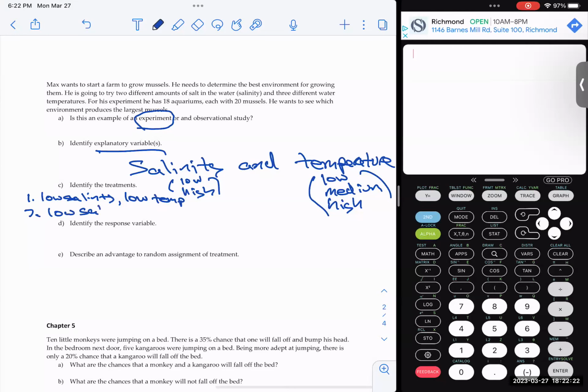Low salinity, medium temperature. Low salinity, high temperature. High salinity, low temperature.